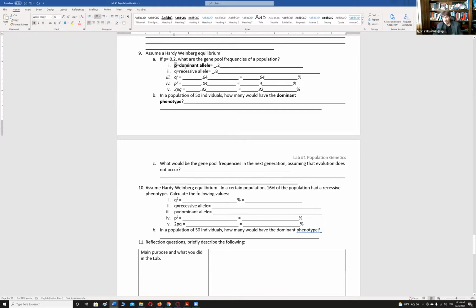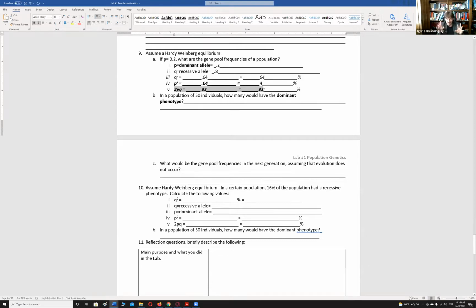Not really sure how you came up with that, but here's the logic behind the question. Wherever we have P, do we have P right here? No. Do we have P right there? Yes. So we're taking this number. Do we have P right here? Yes, we do. So those numbers will also show up as dominant.